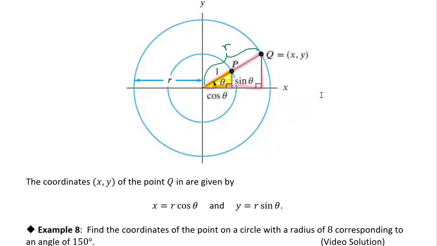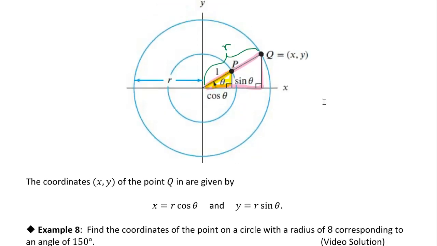So all we have to do to find the side lengths of the bigger triangle, the one with a hypotenuse of r, is take the side lengths of the smaller triangle and multiply everything times r. We're just scaling up by a factor of r.